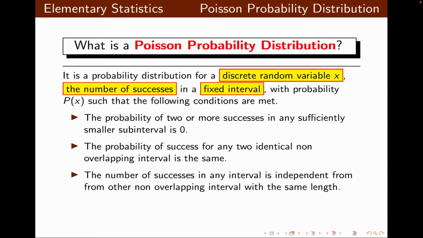The number of successes in any interval is independent from the other non-overlapping intervals with the same length. Any probabilities will be between 0 and 1, inclusive, and the sum of all probabilities is always equal to 1.